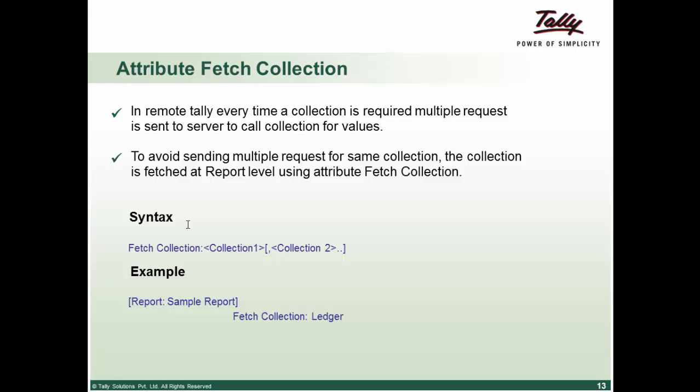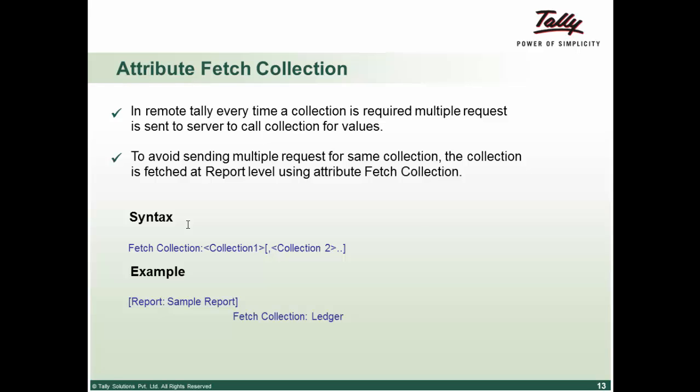Now what will happen when you have multiple objects and multiple collections? Every time it will go back to the server to call the values. Please give me the value. Please give me the value. So you should ensure that the number of requests that you send to the server is minimized. Obviously, at a certain point of time, you might not know what the collection will be. You cannot fetch it.